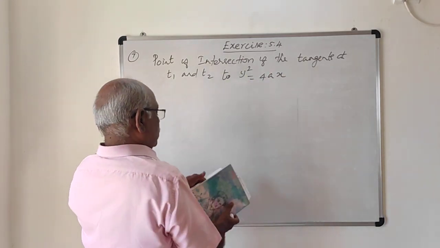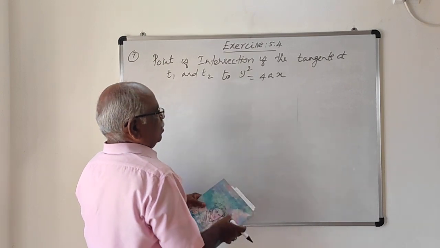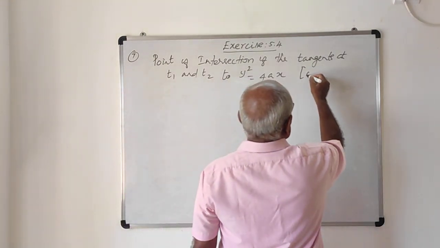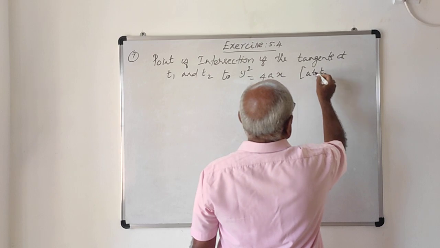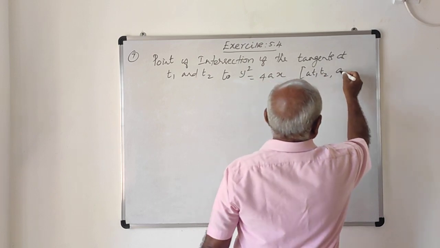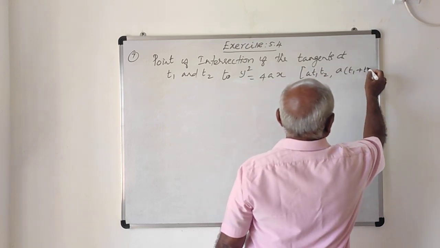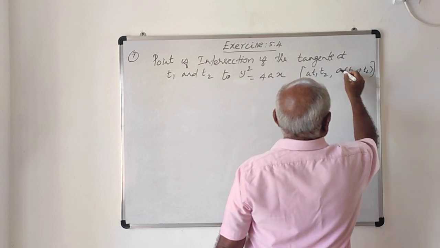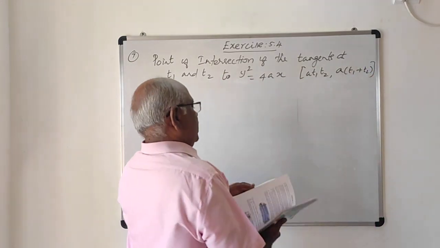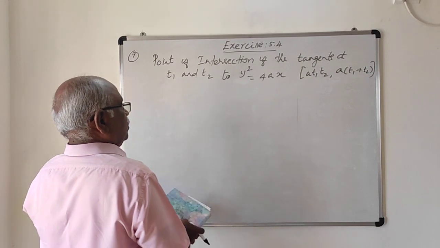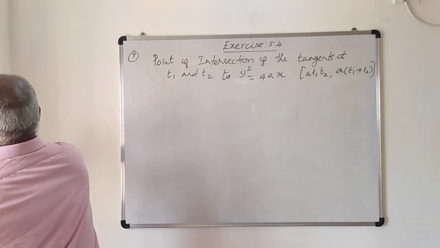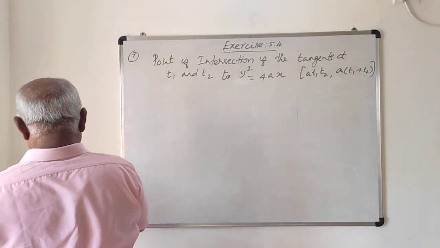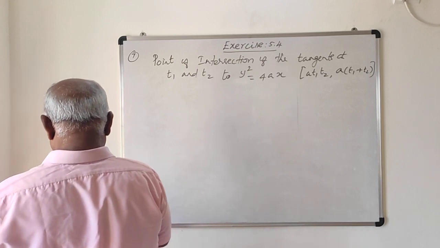The answer is a t1 t2, comma, a into t1 plus t2. This is the point of intersection of the two tangents, a t1 t2, a into t1 plus t2. That is what we have to prove now. That is problem 7 in the exercise.